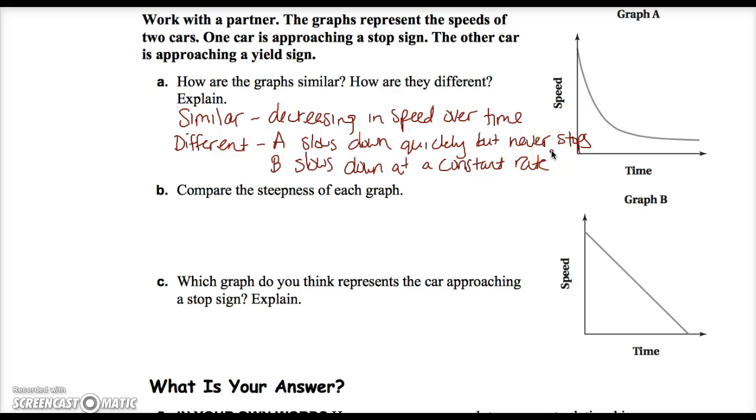Okay, now on B, compare the steepness of each graph. So on A, for the steepness, we have a sharp decrease in speed, then levels off.